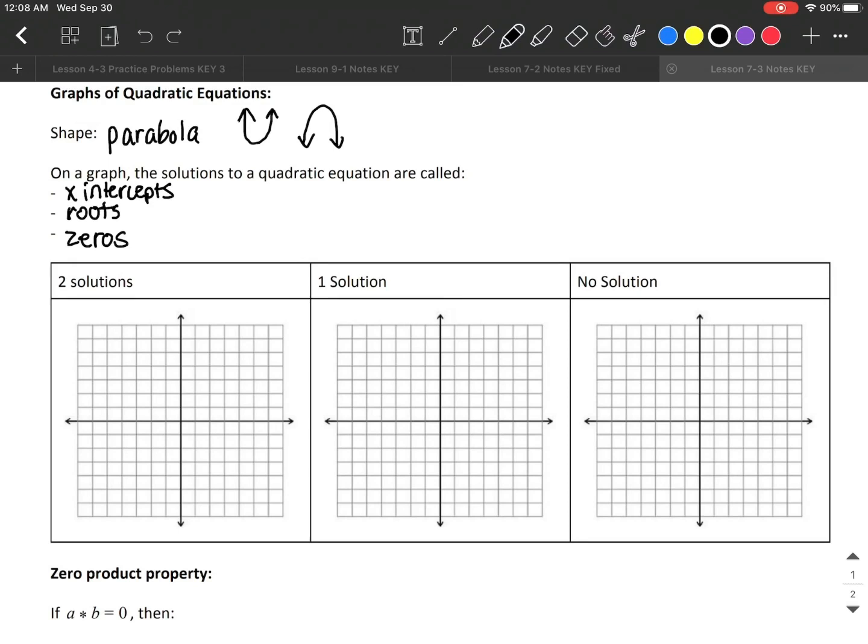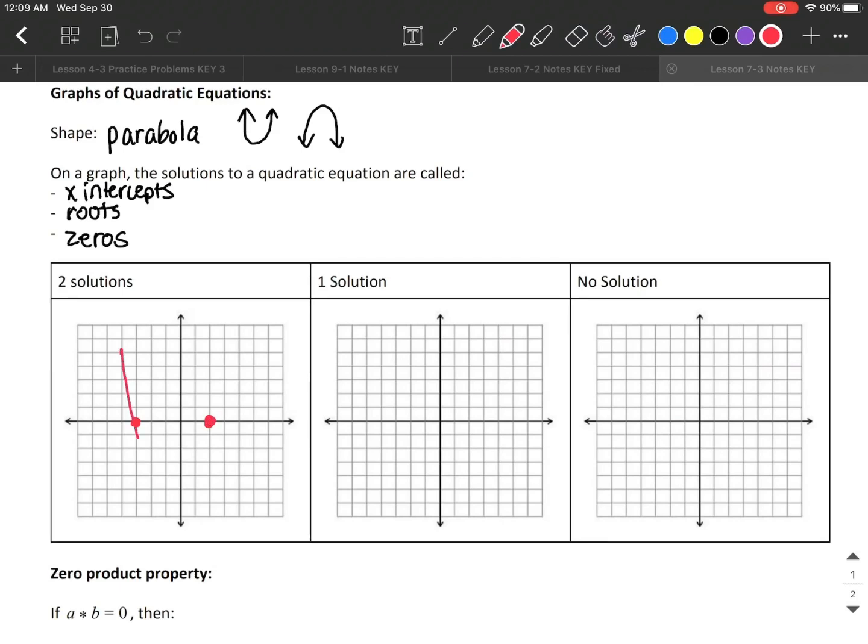Two solutions. If solution means x-intercept, that means I have two x-intercepts. That's two places where the graph intersects the x-axis. So maybe it intersects right here. That's on the x-axis. And I need two, so maybe the other one intersects there.